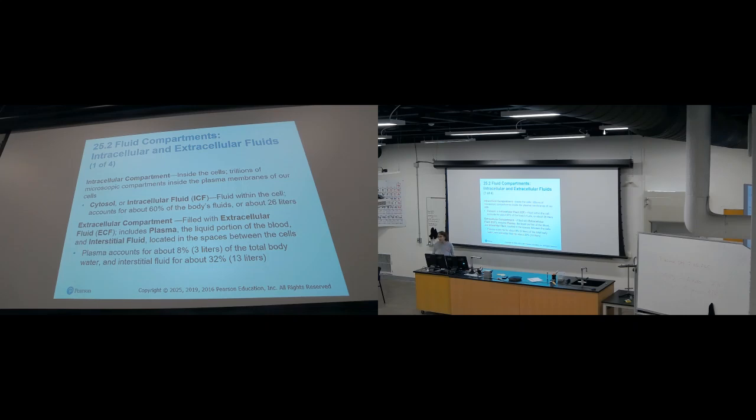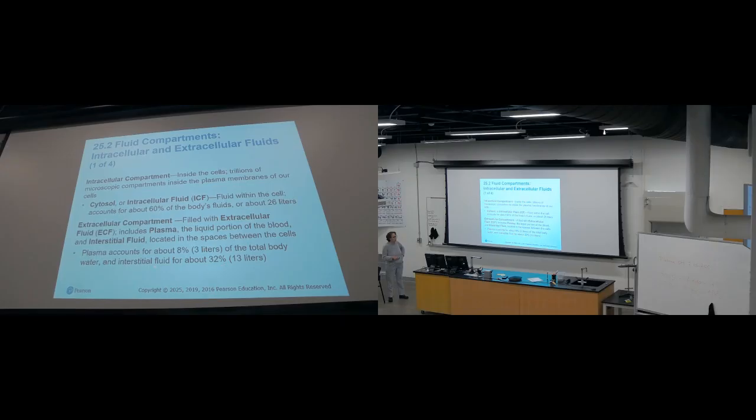And then for the extracellular compartment, we have different subcompartments, which include plasma and interstitial fluid. In plasma, we have 8%, or 3 liters. And then the interstitial fluid will be 32%, or 13 liters.